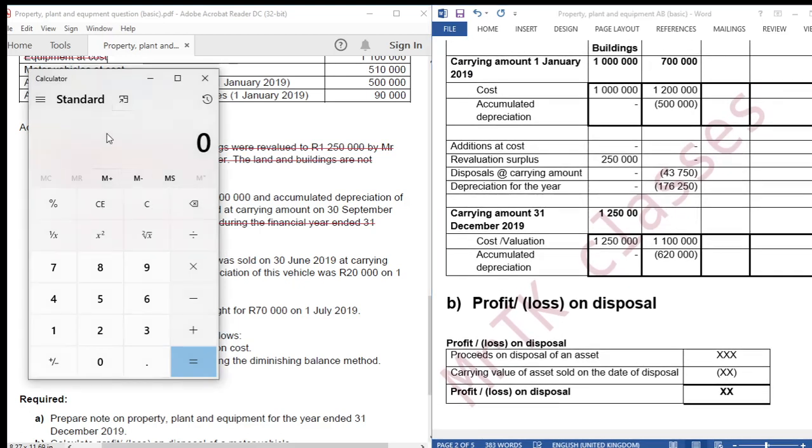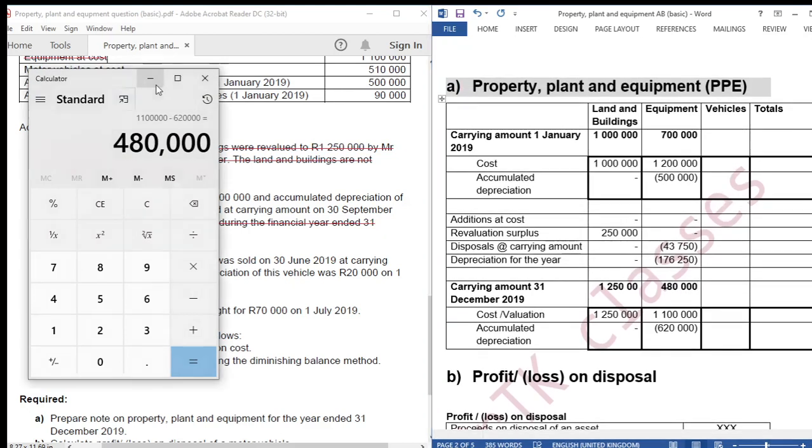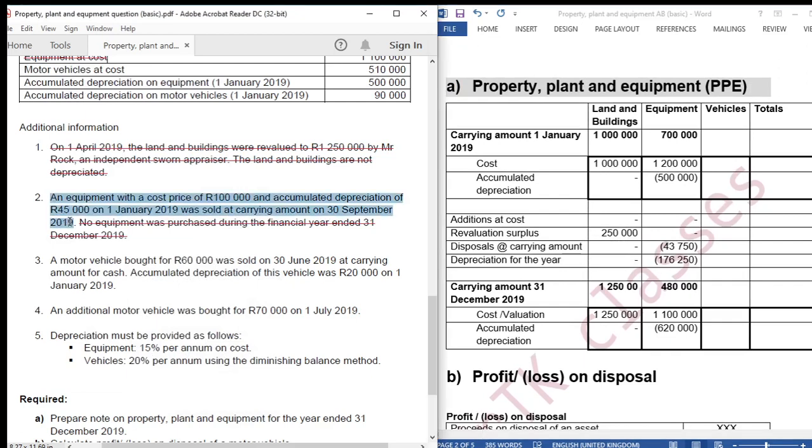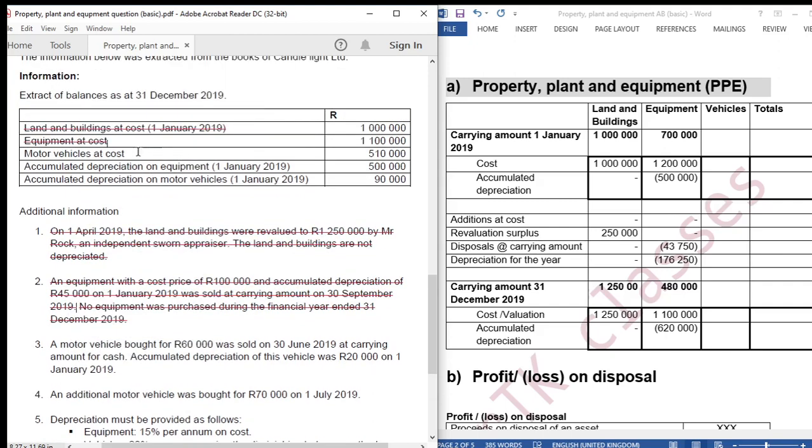Carrying amount: 1,100,000 subtract 620,000. We are going to get 480,000. We are moving on to vehicles, so we need to strike through this.